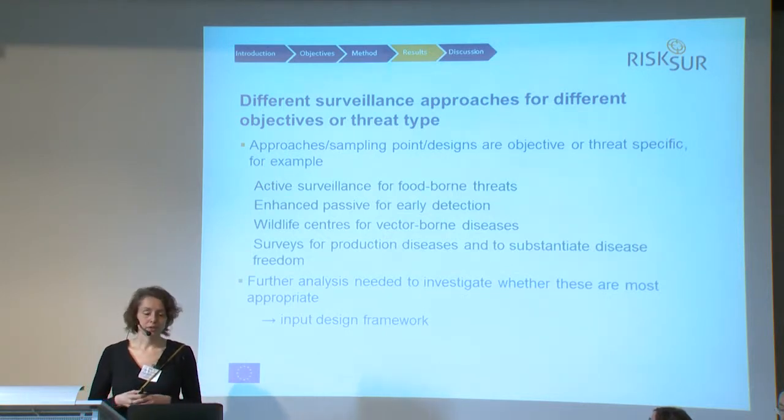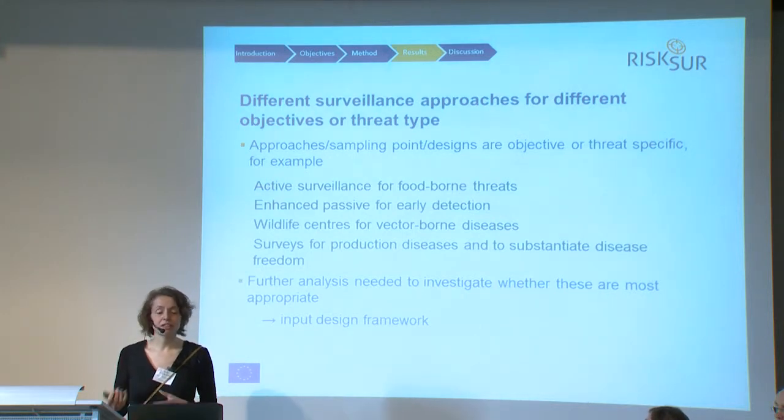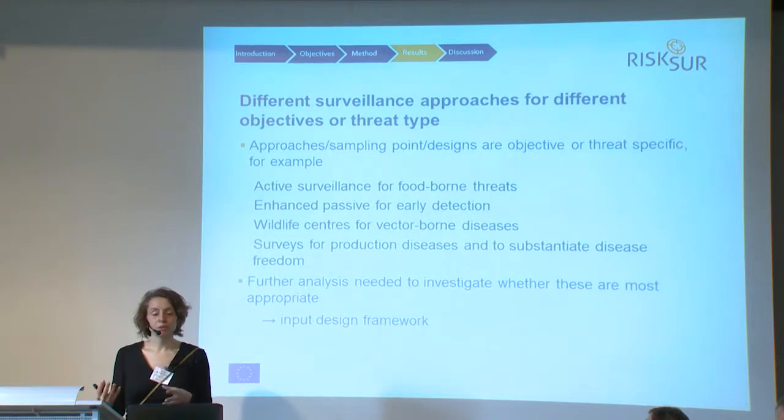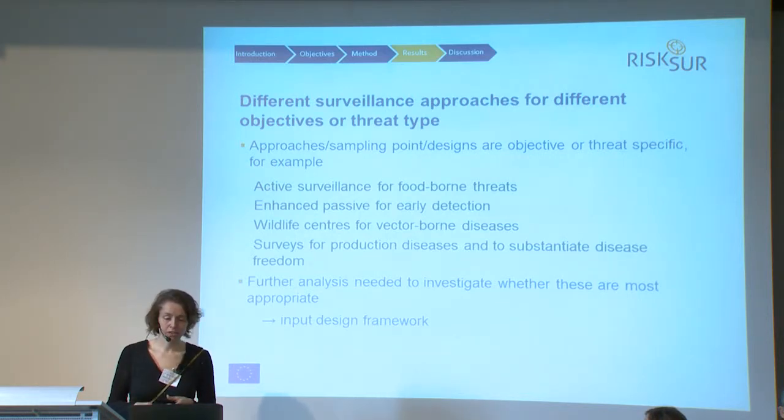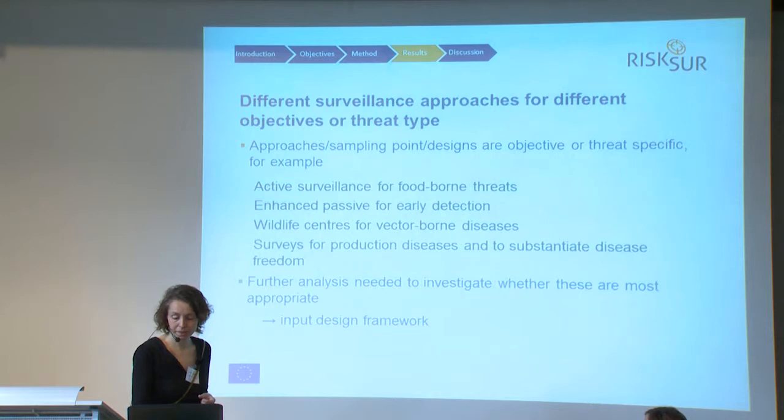So this is just some preliminary analysis, and we need to do further analysis to see whether these sampling points or approaches used for these specific threats are the most appropriate, and that will then give input into the evaluation, into the surveillance design framework, and you will hear more about this design framework later today.